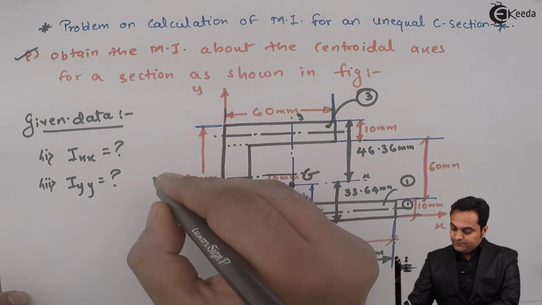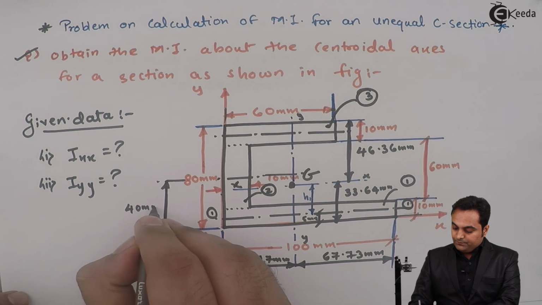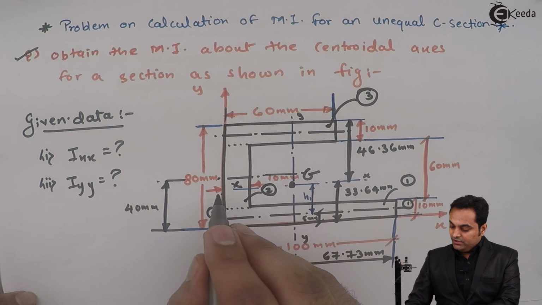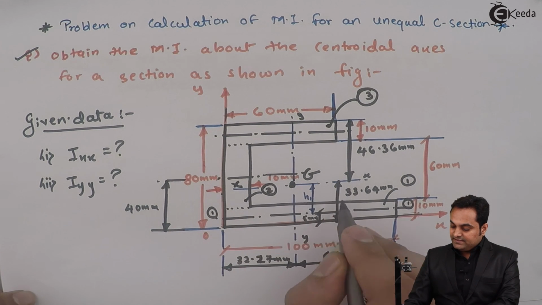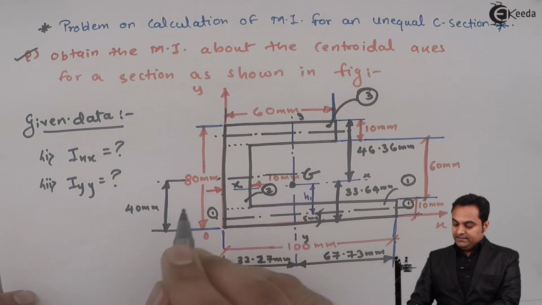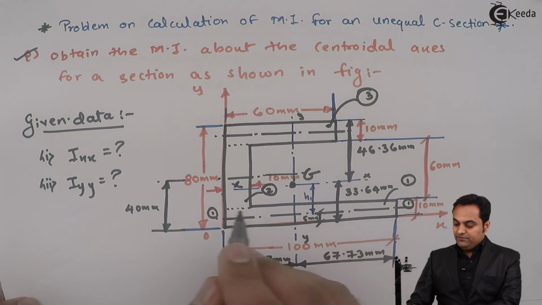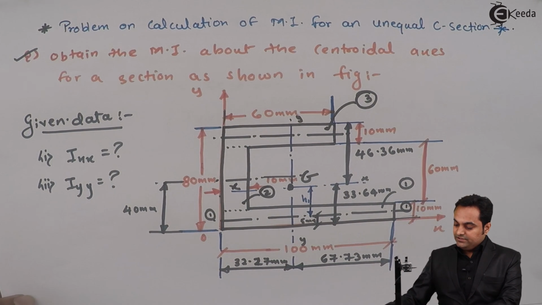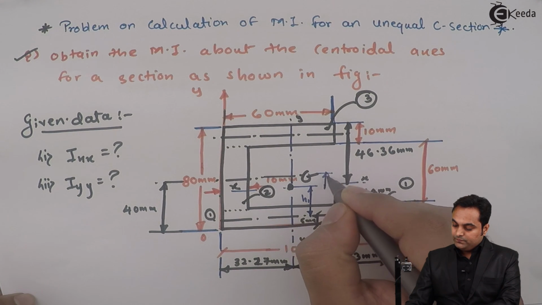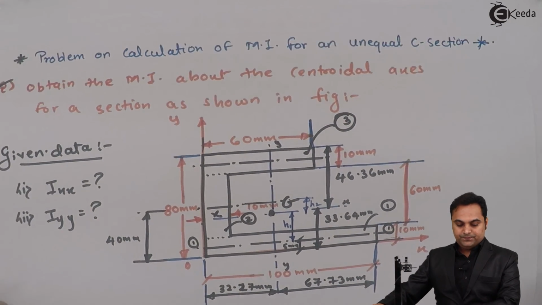The location is 40 mm from bottom. Now for this C section, the x-axis is at 33.64 mm, but for second rectangle the x-axis is at 40 mm from bottom. So again there is difference between these two axes, and that distance would be called as h2, and it is simple, it is 40 minus 33.64.